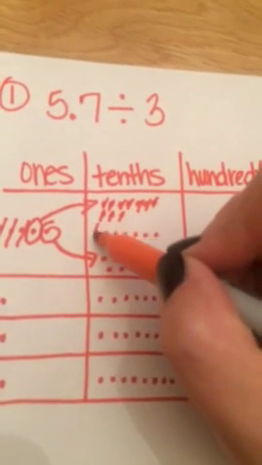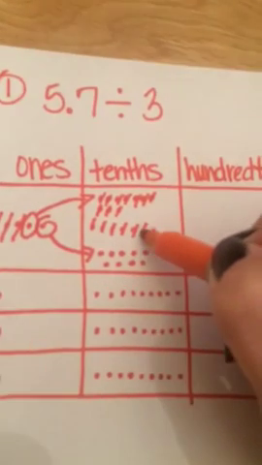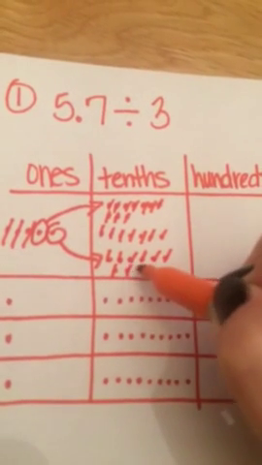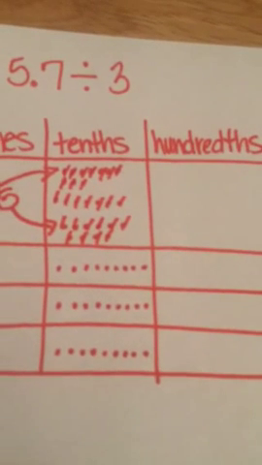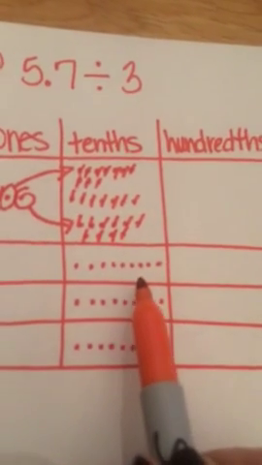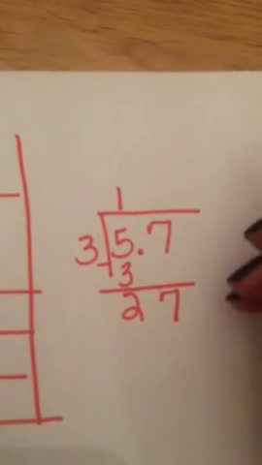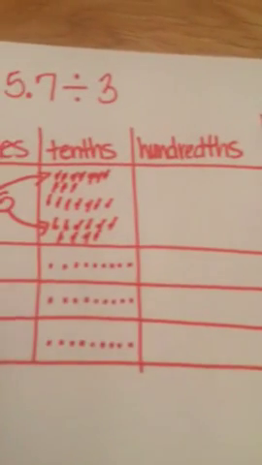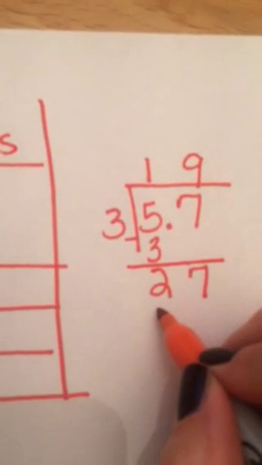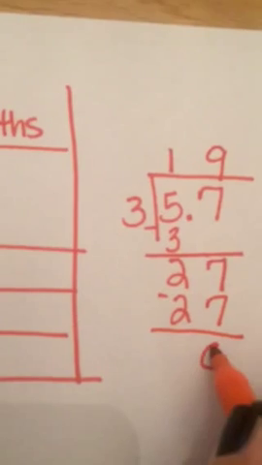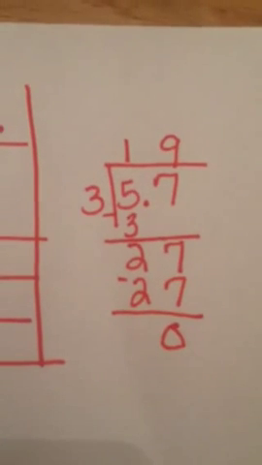So I'm crossing out the ones that I used, which in this case is all 27. Because we were able to use all 27, you've got 9 groups going across. So I've got my 9 groups up on top. How many did I use? I used 27 dots. So I'm going to take away my 27, leaving me with nothing behind.